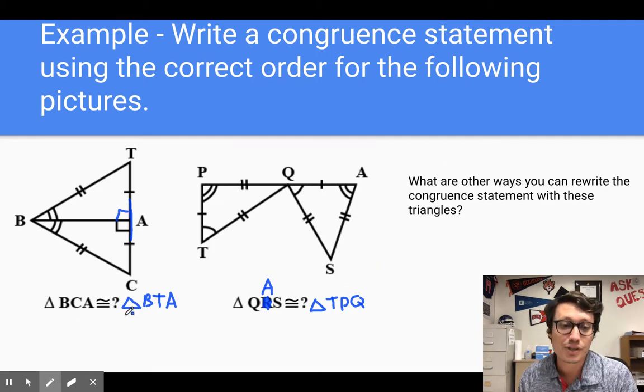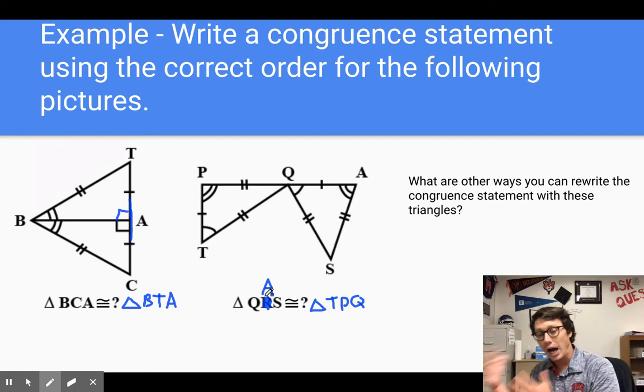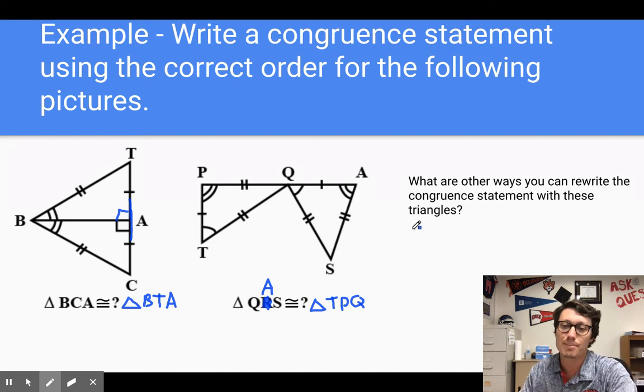Okay, and remember, these are just 2 specific ways that you can do it, right? It doesn't matter the order in which you start naming your triangles. You just have to make sure that the congruent triangle is listed in the same corresponding order, right? So some other ways we can do it.